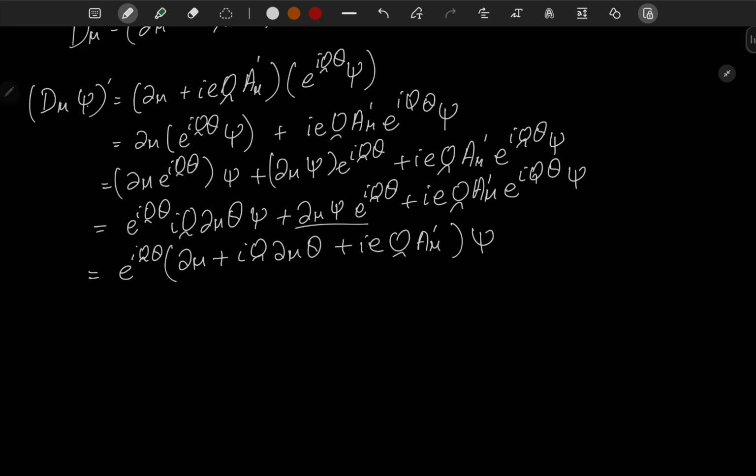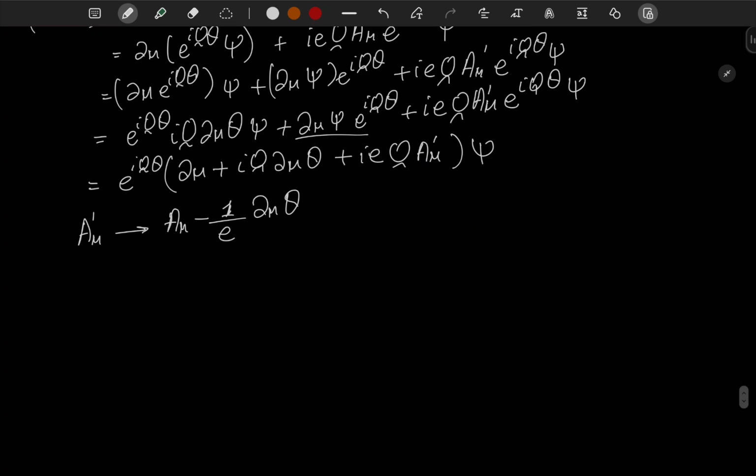Now let's see how a mu prime, our auxiliary, arbitrary field, transforms. It transforms like this: a mu minus 1 over e d mu of theta.